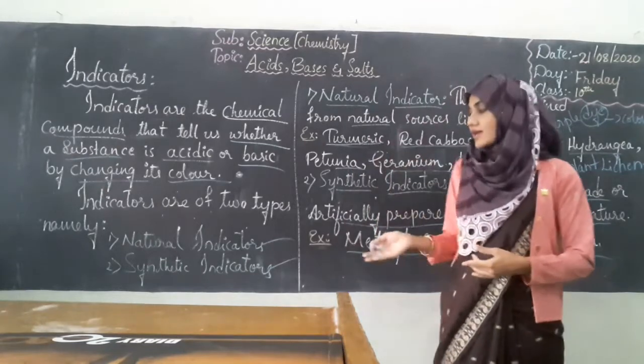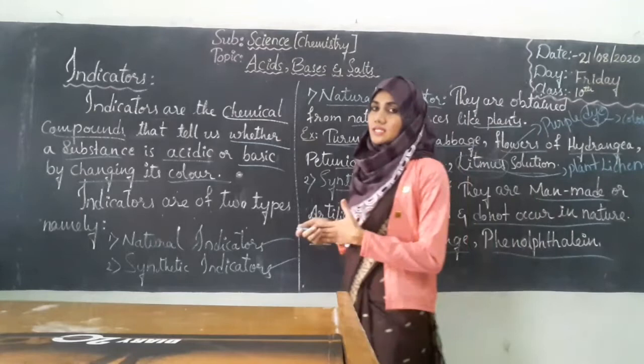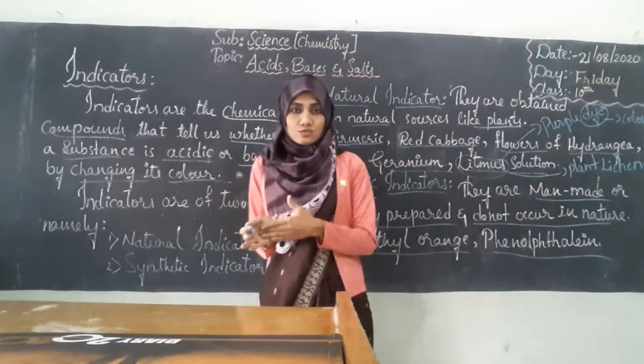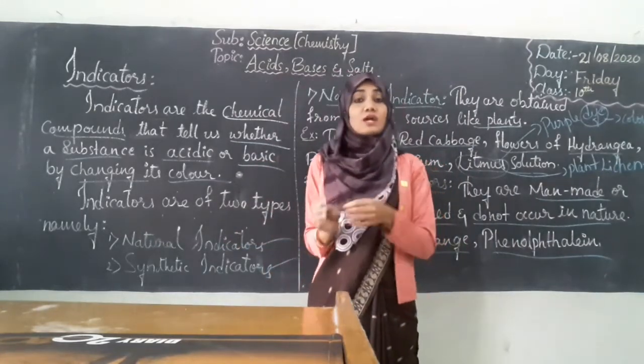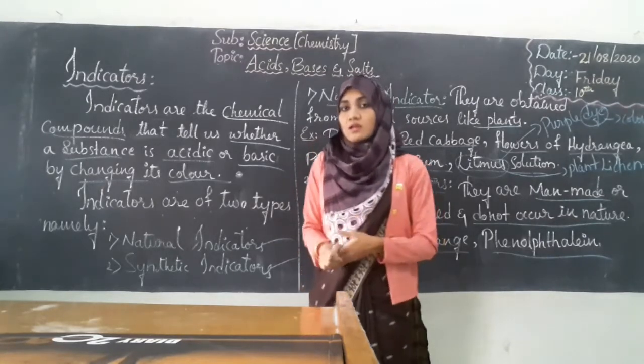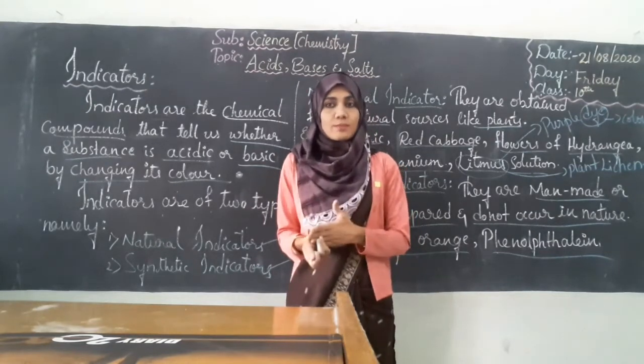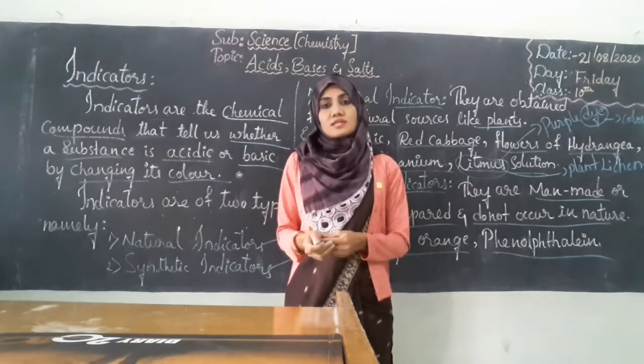So that is about indicators. It's a primary test to detect whether any substance is acidic or basic. A few more chemical and physical properties of acids and bases we will study in the next class.